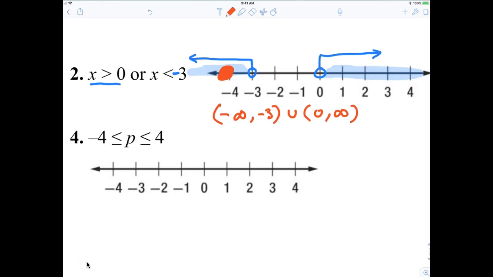So the answer again is negative infinity to negative 3, union 0 to infinity. This is our or statement. Or statements go in opposite directions. Well, there could be a bracket if it was equal to, but there isn't an equal to.